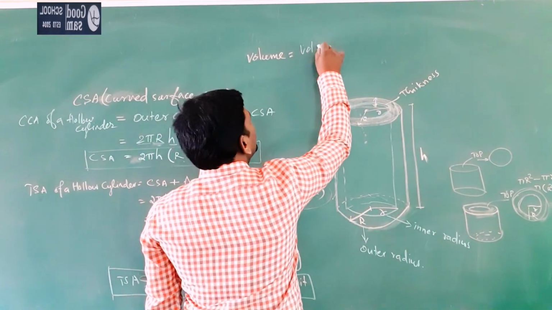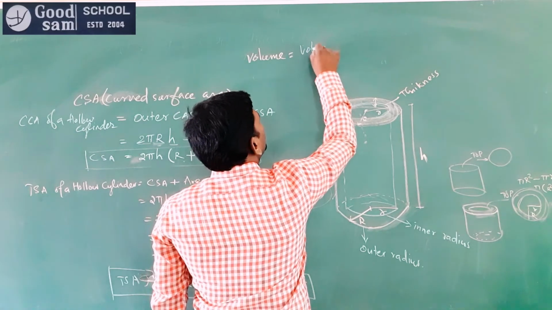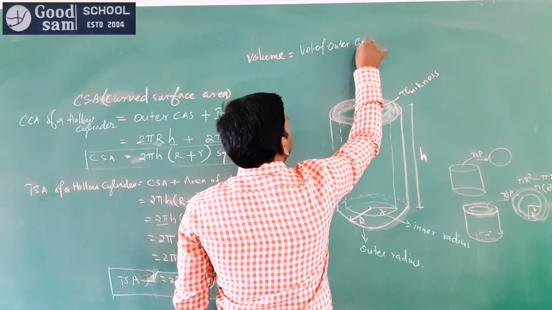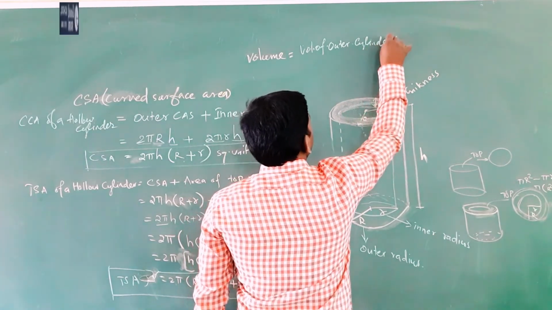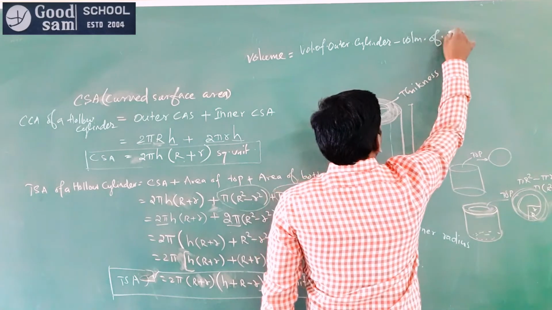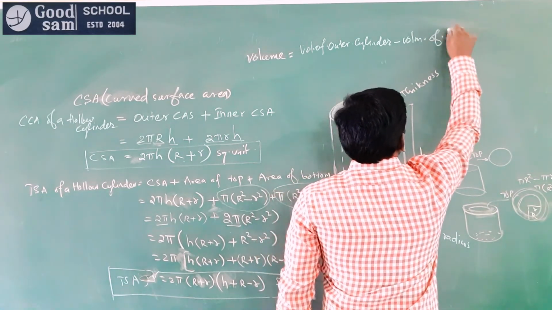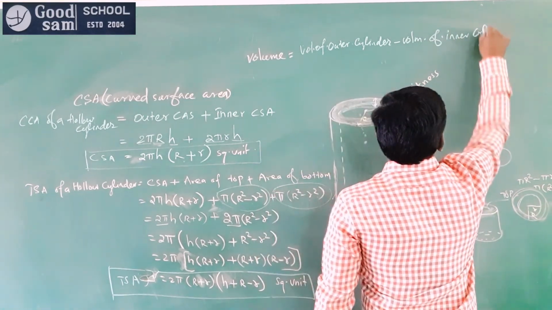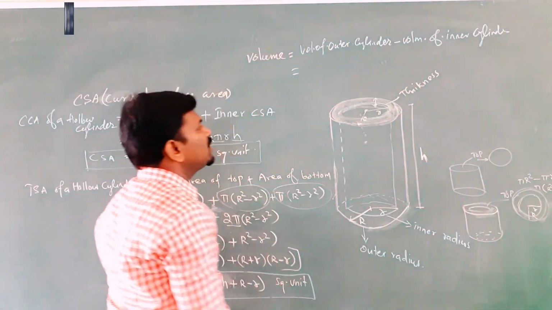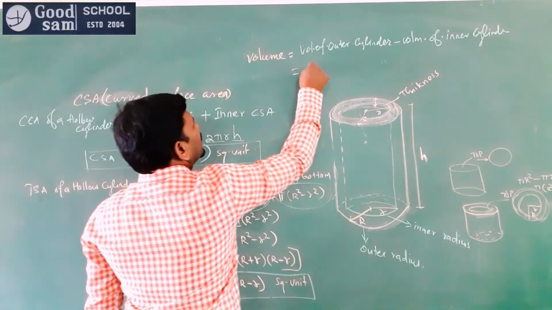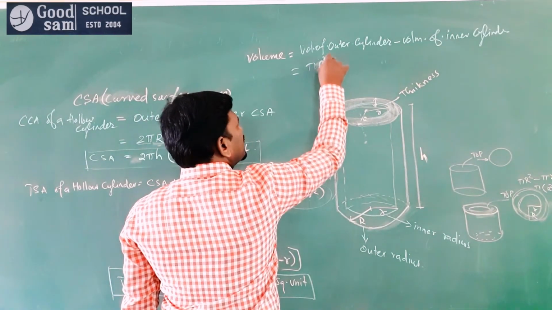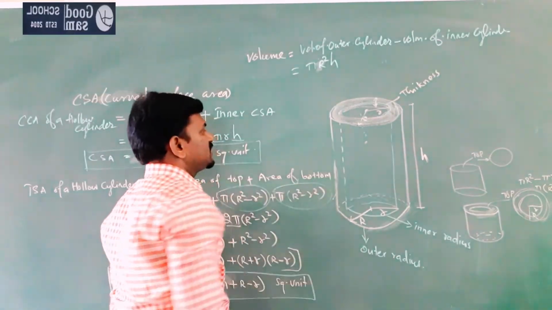So volume of outer cylinder minus volume of inner cylinder. So what is the volume of the outer cylinder? Pi r square h, and since the outer radius is capital R, it is pi R square h.